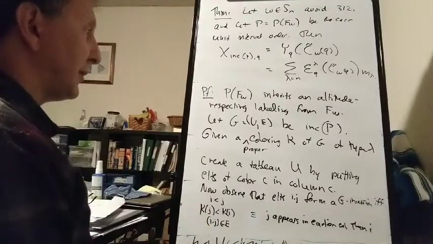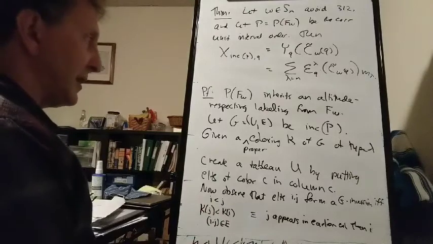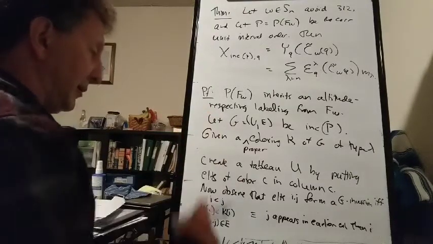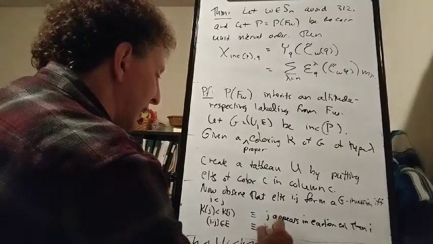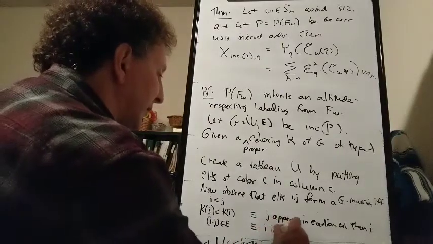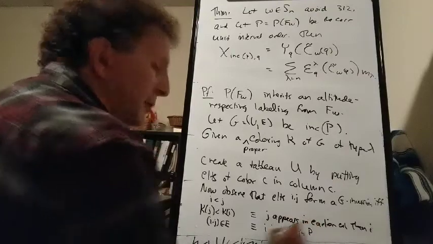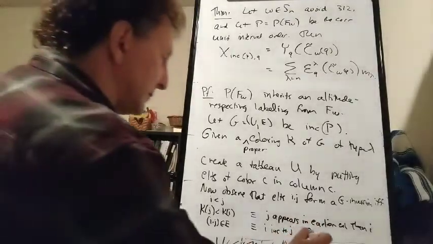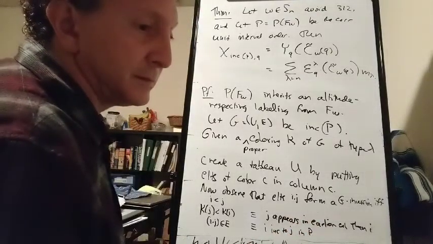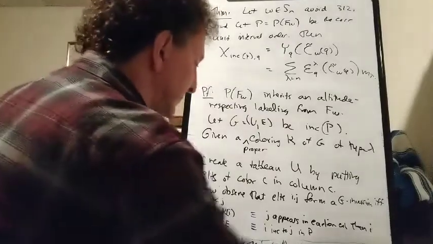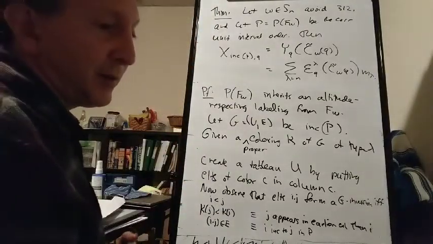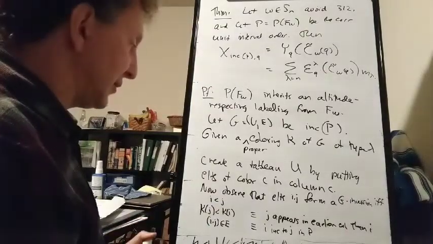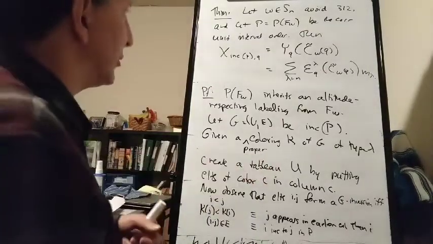Now the incomparability graph has edges which are defined to be pairs of elements that are incomparable in the poset. So that means that I is incomparable to J in P. Now these conditions are precisely what it takes for I and J to form a P inversion in the tableau U.